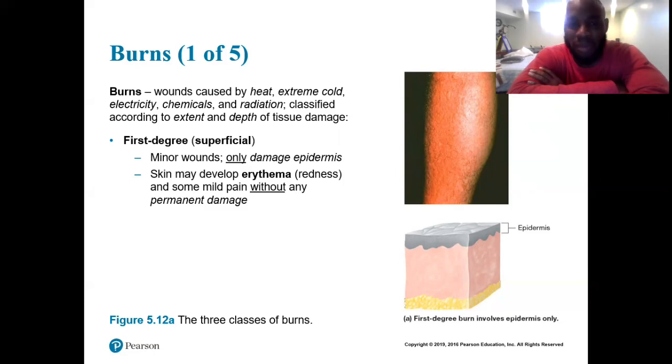Burns can happen by fire, heat. It can also happen by extreme cold, a freezer burn, electricity, chemicals, radiation. We separate burns based on degrees. So we have first degree, superficial. Remember your layers of skin. The epidermis is the most superficial layer, made up of 4 to 5 different layers. Then we have the dermis, the connective tissue layer, and then the hypodermis, or subcutaneous fat.